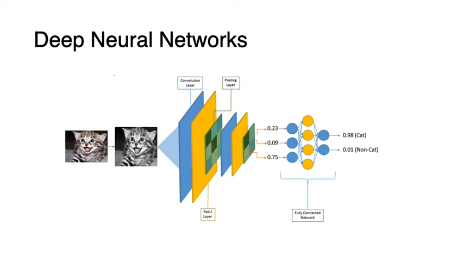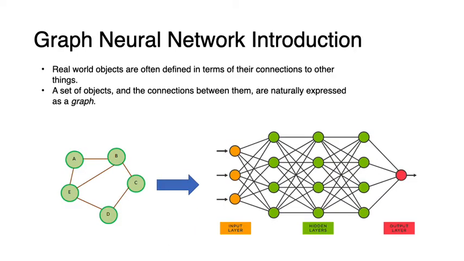However, data to be processed by neural networks may not always be available like images, well structured, or stored or represented in Euclidean space. So we'll be discussing the graph neural network, which basically works on graph data.